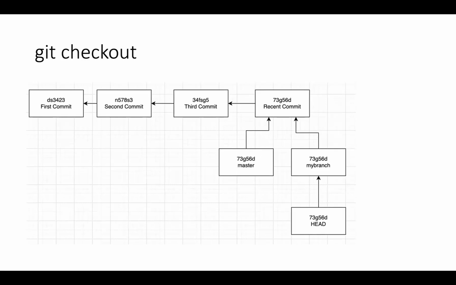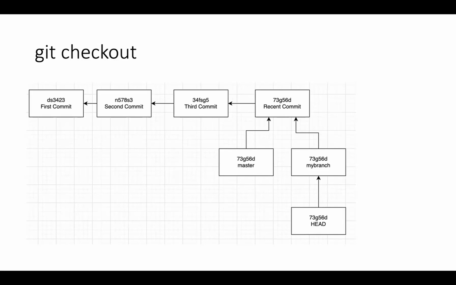Git checkout is just changing the reference of our HEAD to the checked-out branch. For example, if you see here, we had a sequence of commits, first, second, third, and recent commits, and the master branch was pointing to the recent commit. When you create a branch at this point of time, say my branch, a new reference called my branch will be created, which also points to the same recent commit.